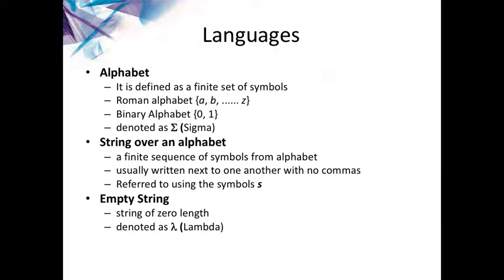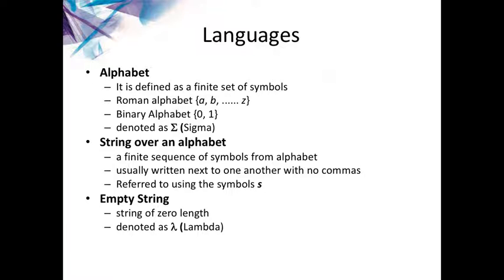So the language, just like any language, is defined first by the alphabet. In order to say I do have a language, first you have to come up with the alphabet. And then when you get the alphabet, you're going to build the strings that belong to this language using this alphabet.